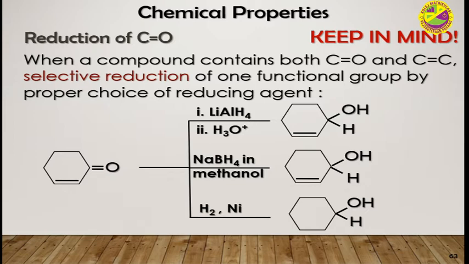If you want to reduce the carbonyl part, the suitable reducing agents are LiAlH4 followed by H3O+, or NaBH4 in methanol. But if you want to reduce the C double bond C, the suitable reducing agent to use is hydrogen and the catalyst nickel, or platinum, or palladium.